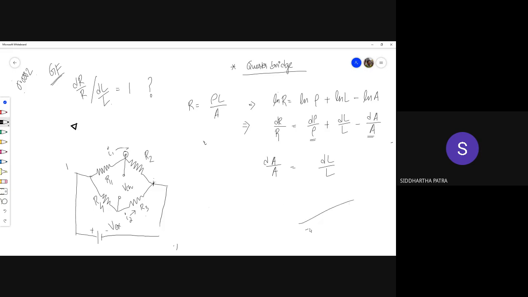I'm talking about a situation where at two ends you are applying forces, but this lateral surface is traction free. It means no forces are being applied on this surface, which means the lateral surface is free to expand and contract. In that situation, how would the cross-section area change?